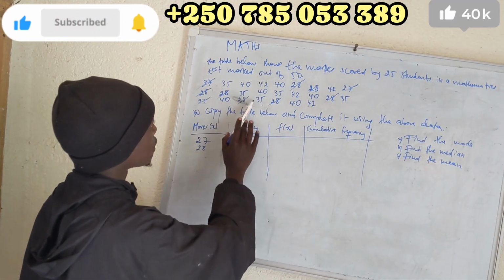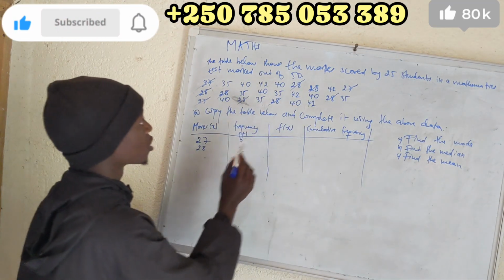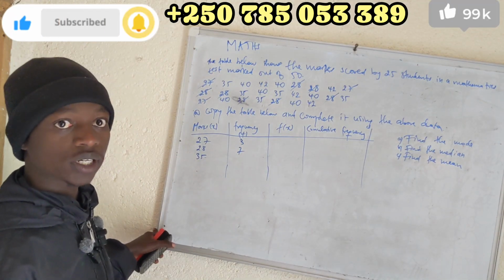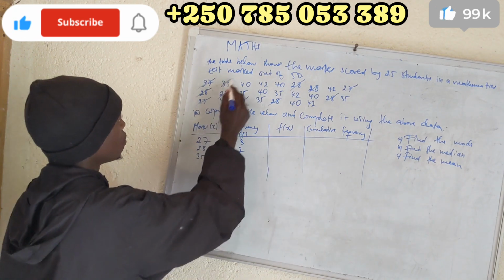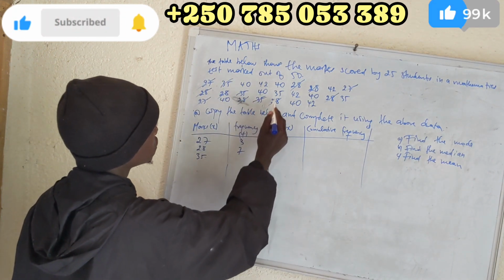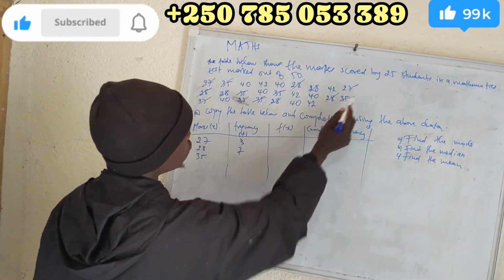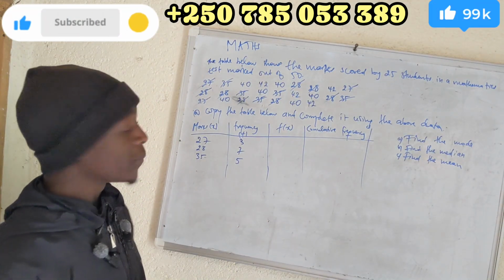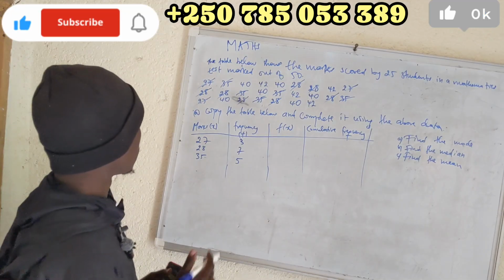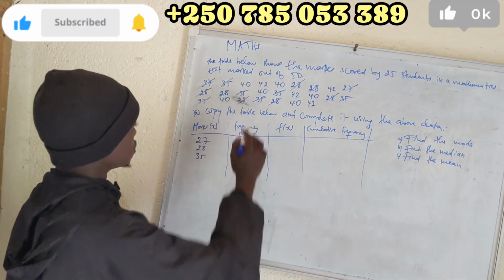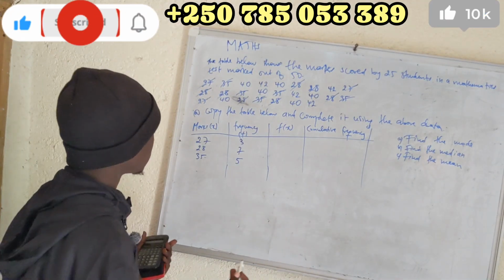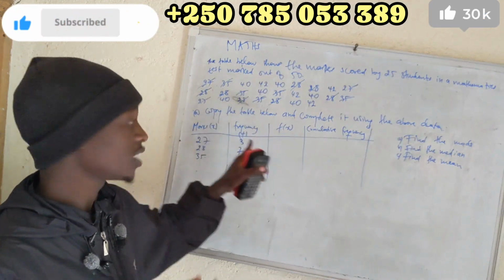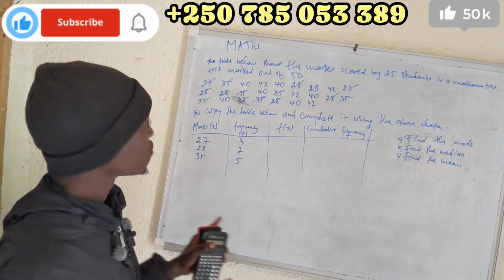Other students scored 35. So how many students scored 35? 1, 2, 3, 4, 5. Only 5 students. How many students scored 36? None of them. 37? None of them. 38? None of them, according to the given data. 39? None of them.